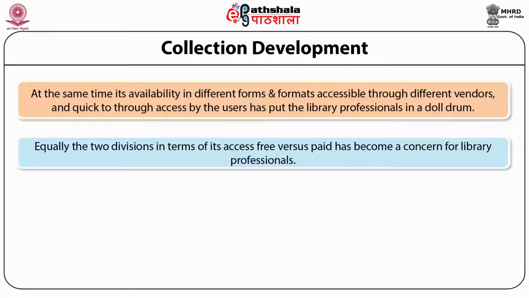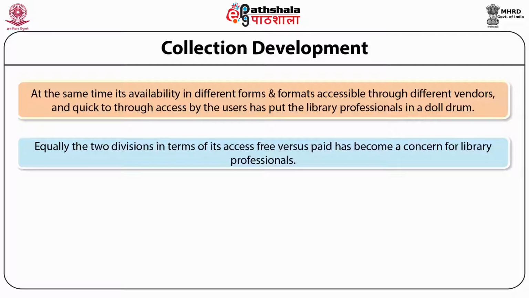Probably when we say library, we are not talking of the traditional library where only the materials or the collections are in print forms. By and large, print forms are being replaced. Digital collections are being procured largely in the libraries, especially research and special libraries.